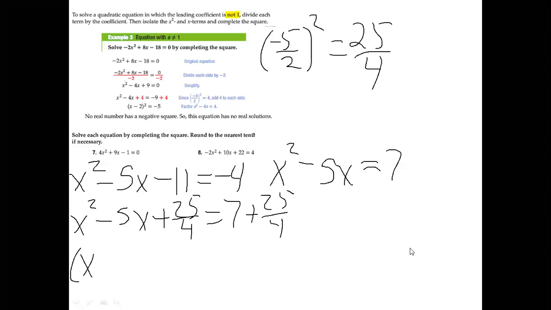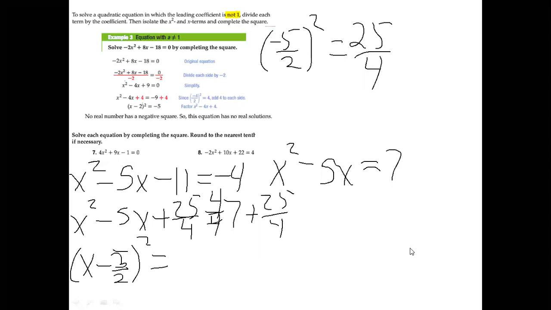This factors into x minus 5 halves squared equals, now the 7 plus 25/4, you get a common denominator. The 7, so you have to multiply the 7 by 4 over 4.